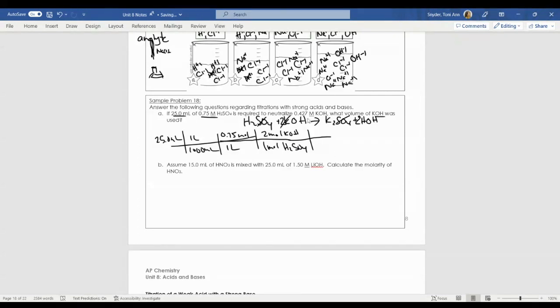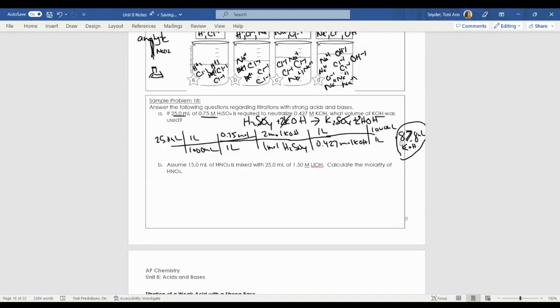Let's use our concentration for the potassium hydroxide. There are 0.427 moles of KOH in 1 liter, and 1 liter contains 1,000 milliliters. If you solve for this correctly, you should find that there are 87.8 milliliters of potassium hydroxide that would have been neutralized.